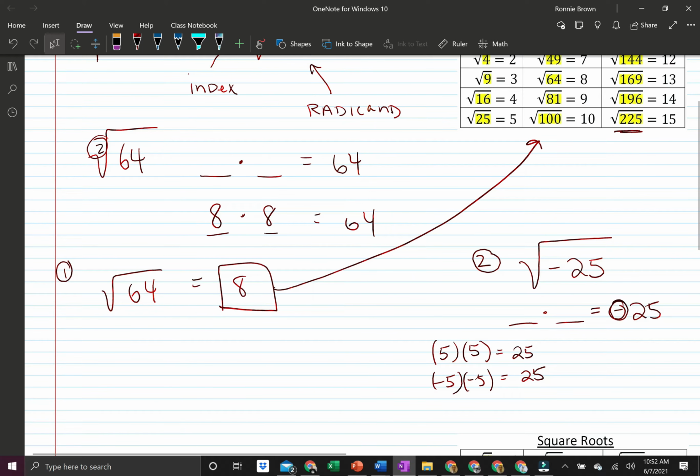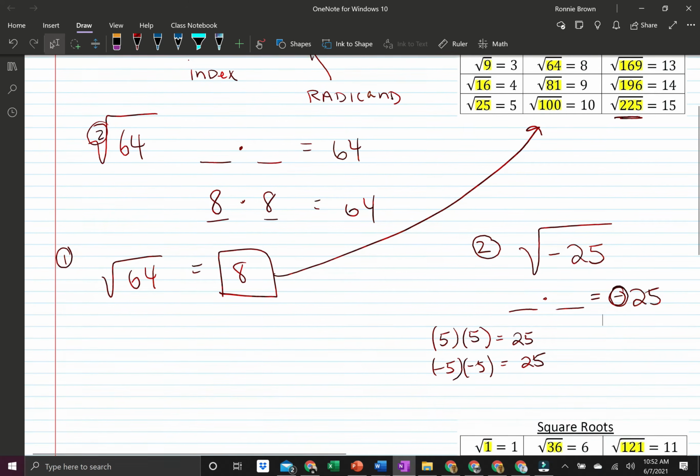The problem is saying a number times itself, the exact same number with the exact same sign times itself. So there looks to be nothing that we can multiply times itself to make a negative 25. Positive times positive, we get a positive. Negative times negative, we get a positive. So there is no number times itself to make a negative 25. For this one, we would say not a real number.